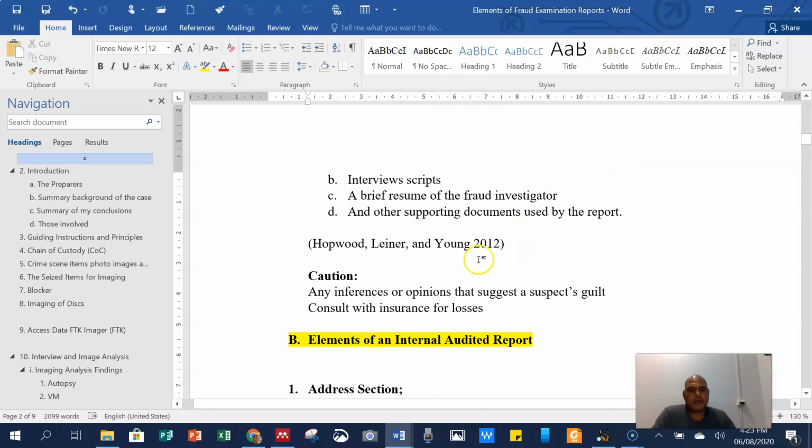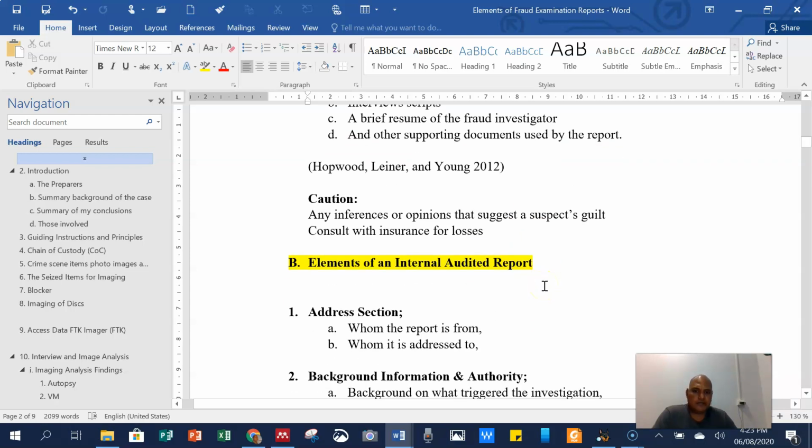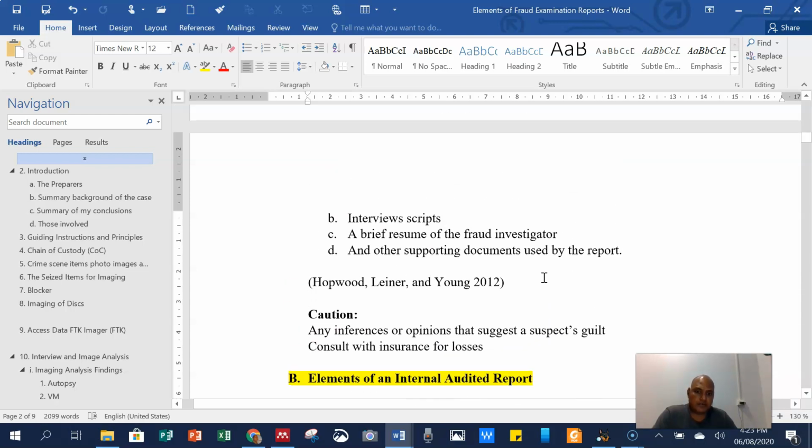Now, before I move on to the other one, which is the internal audit report content, for the fraud investigation report or other reports generated for the board related to fraud examination and investigation, you should also be creative, as I say. We should be able to document everything.